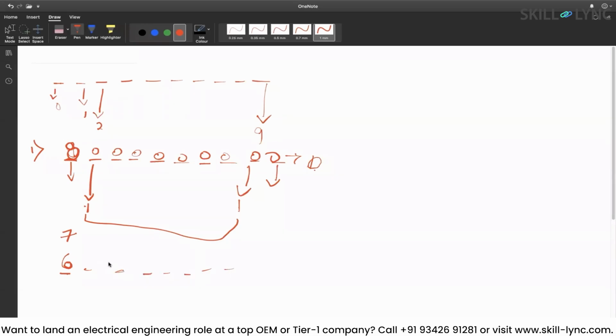You can place those 6 zeros anywhere and then try. The number of zeros is 6, which is correct. The number of ones is 2, as you can see. The number of twos is 1. The number of 3s is 0, the number of 4s is 0, the number of 5s is 0, the number of 6s is 1, the number of 7s is 0, the number of 8s is 0, and the number of 9s is 0.